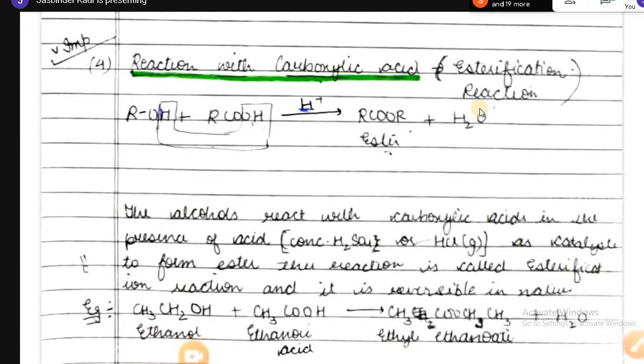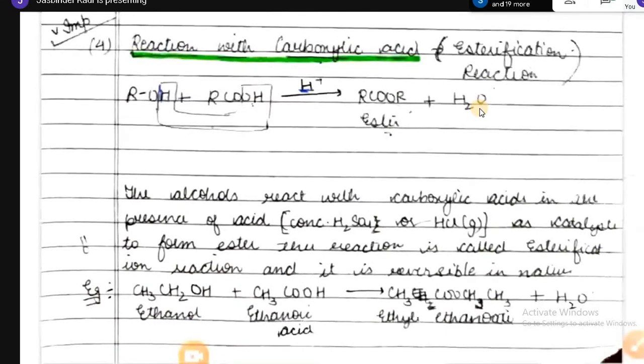Similarly, suppose ethyl alcohol is treated with ethanoic acid, then CH3COOC2H5 plus water is formed. That is, OCH2CH3 comes from ethanol, and CH3COO comes from ethanoic acid.